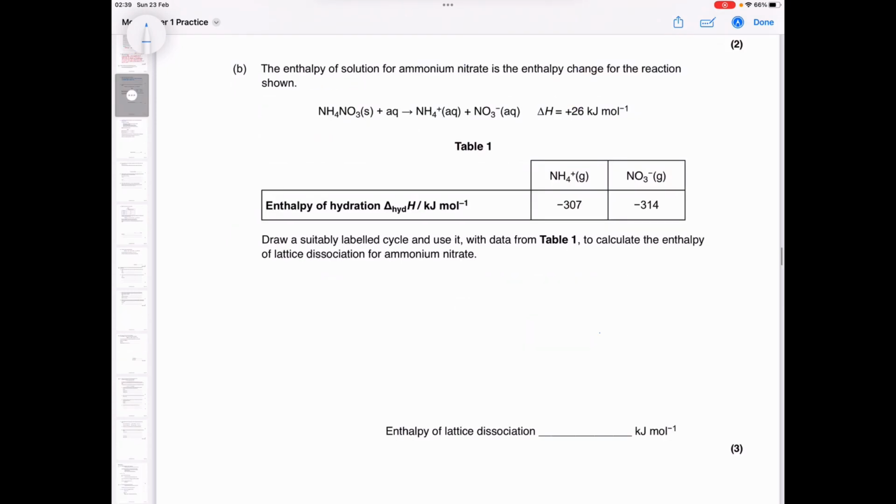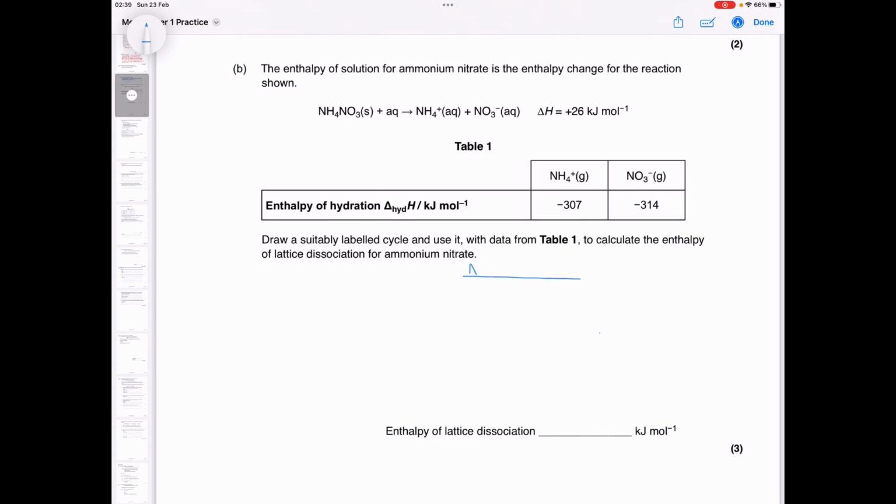So looking at part B then, the enthalpy of solution for ammonium nitrate is the enthalpy change for the reaction shown. So we can see the enthalpy change of solution there is plus 26 kilojoules per mole, and we've got to use a suitably labelled cycle to calculate the enthalpy of lattice dissociation for ammonium nitrate. So let's construct this.